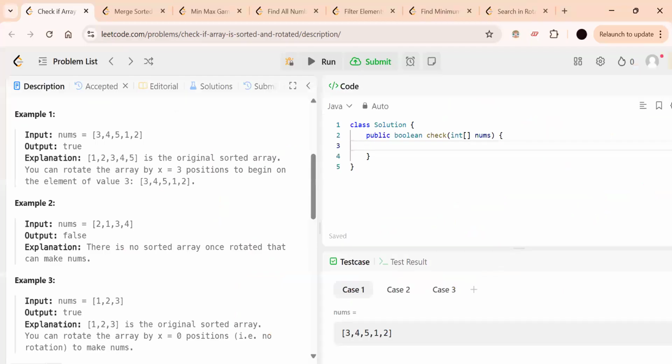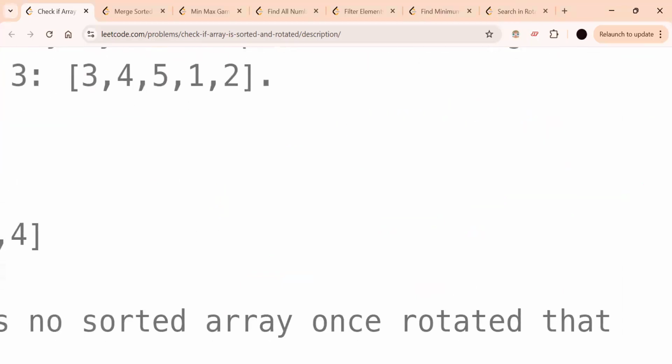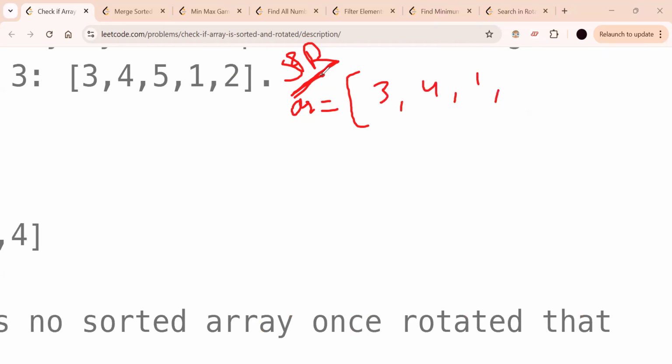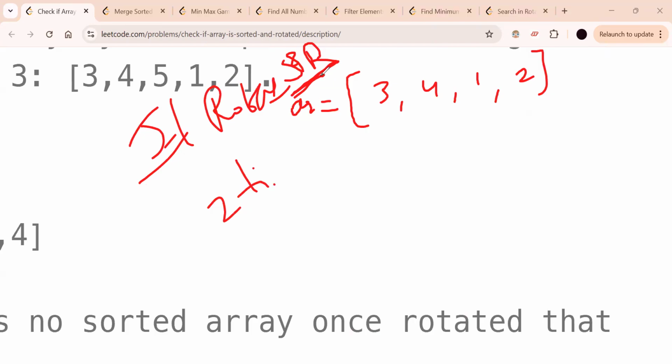So the point that we need to understand here is, an array is given, which we need to assume is sorted and rotated. They are saying it is a rotated array. For example, it can be like this: 3, 4, 1, 2. Now it is rotated by 2 times because the original array looks like this: 1, 2, 3, 4.